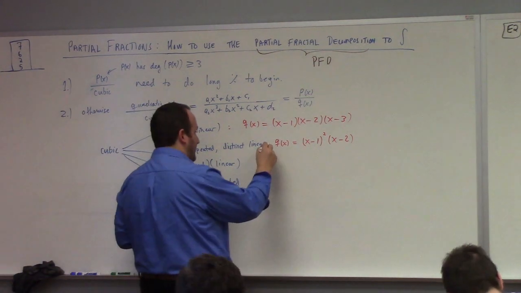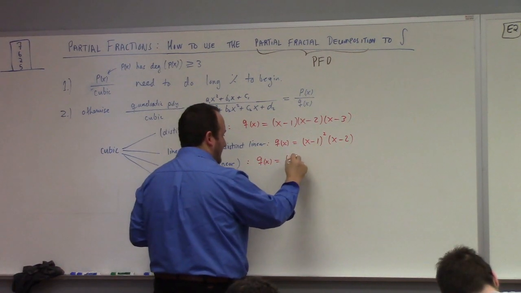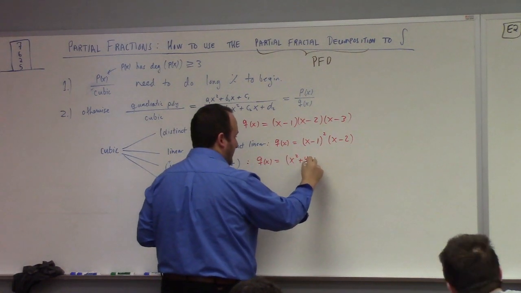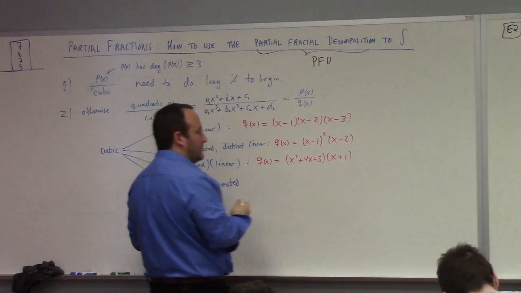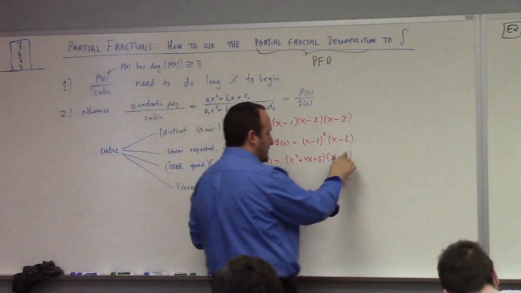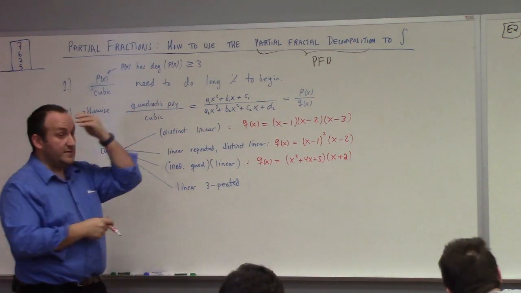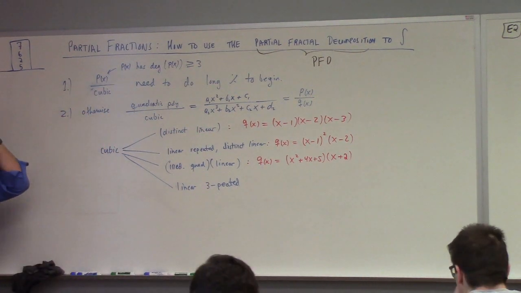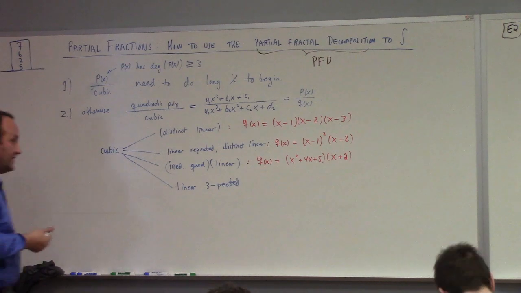Irreducible quadratic would be something like Q of x equals, well, we were just looking at this a second ago, (x squared plus 4x plus 5) times, I don't know, (x plus 1), whatever. It could be even (x plus 2), that would still be distinct. The fact that there's an x plus 2 in completing the square of x squared plus 4x plus 5 doesn't count, right? So that's another kind of cubic factorization.